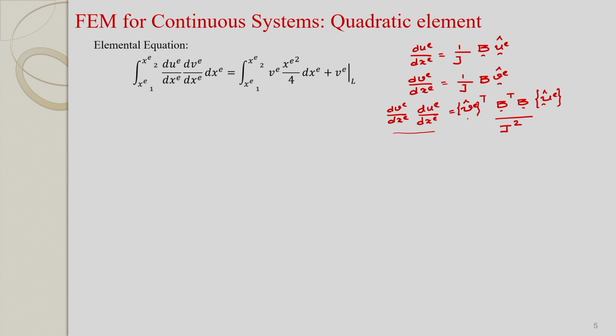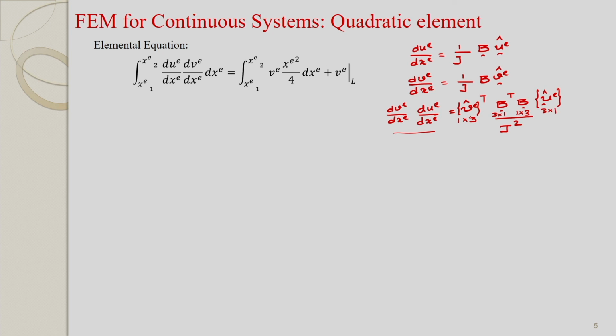If you see, the size of this individual entry, this v_e hat, is 1 cross 3 because of this transpose, and this is 3 cross 1.